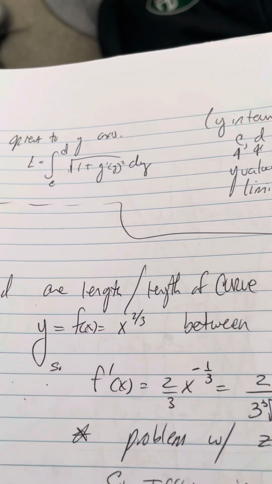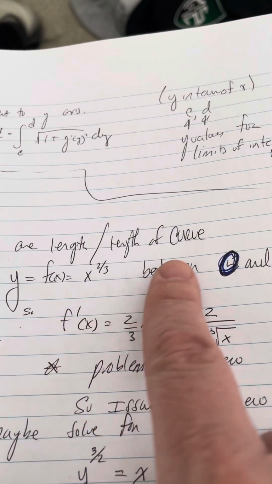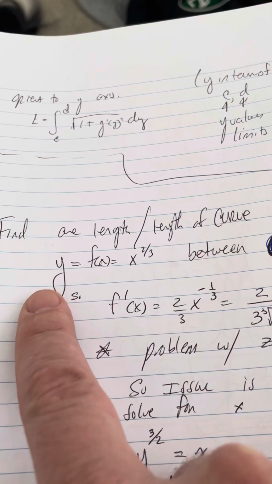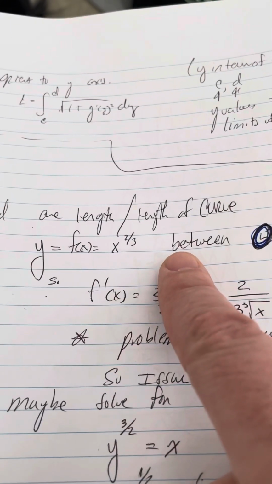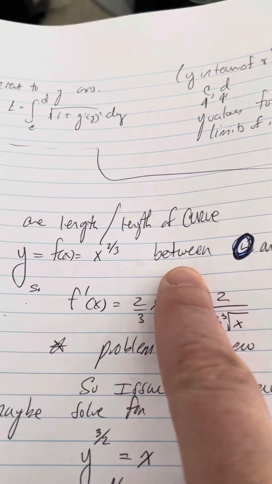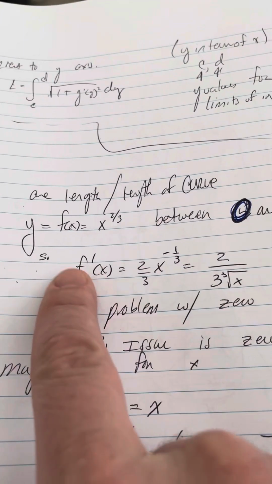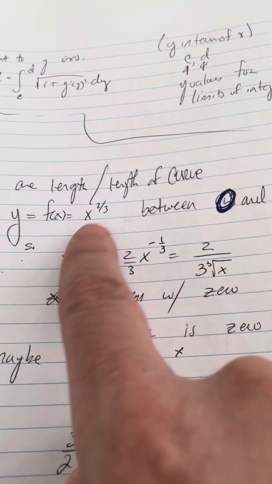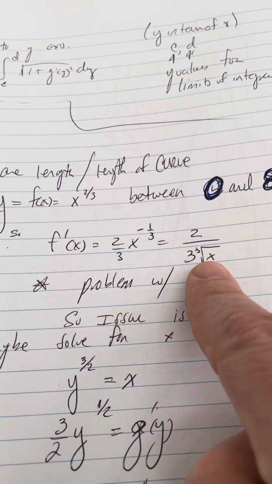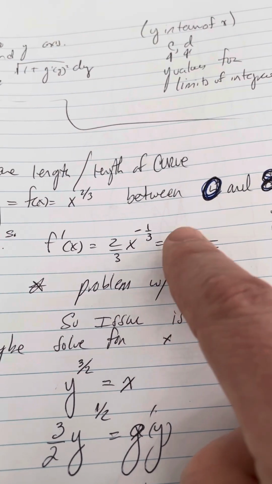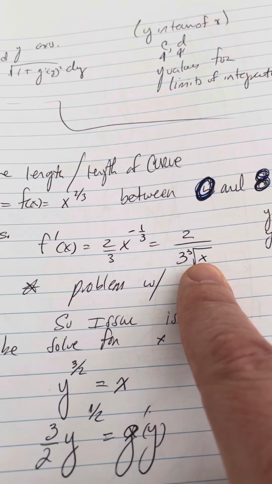Okay, so just as an example, suppose we want to find the arc length of the curve of f of x equal to x to the 2/3 between 0 and 8. So when we take the derivative of this function, we get 2/3 x to the negative 1/3, which is 2/3, and the denominator has the cube root of x in there.